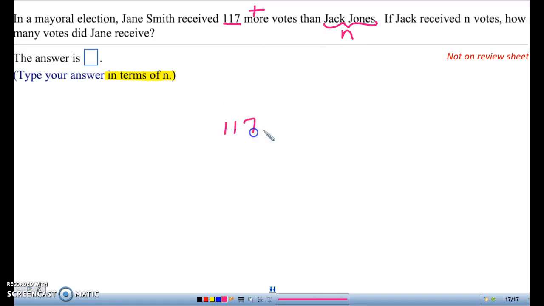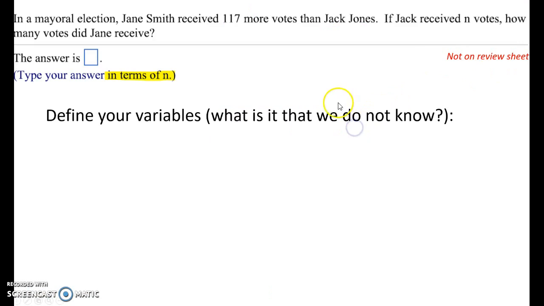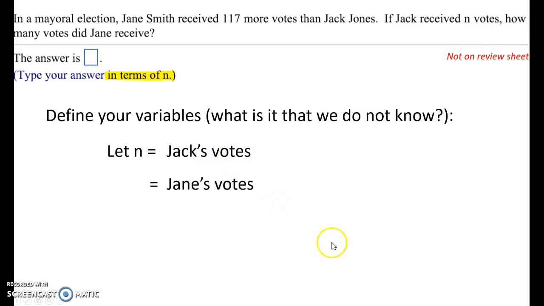It's 117 more than the number of votes that Jack received. And that is your answer expressed in terms of N. It's an expression. They defined this for you up here. If Jack received N votes, then Jane received 117 more.